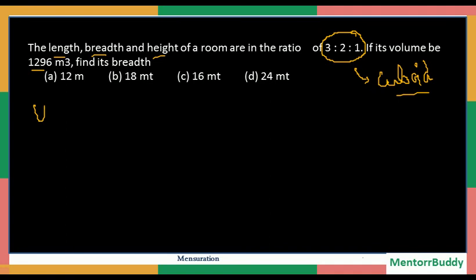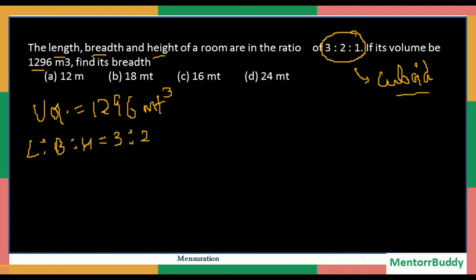So in this question the volume is given as 1296 meter cube, and the ratio of length, breadth and height is 3:2:1. Let the common ratio be x.